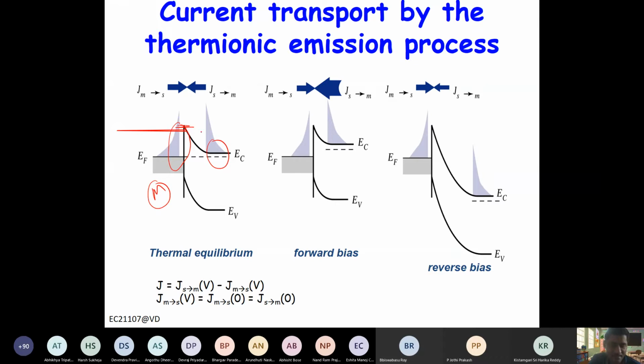But on the side of the semiconductor, you can vary the depletion width, so the potential has the option to change. On the metal side, there is no such change, so you cannot have a depletion region on the metal side. So this potential is actually dropping across a depletion region only.